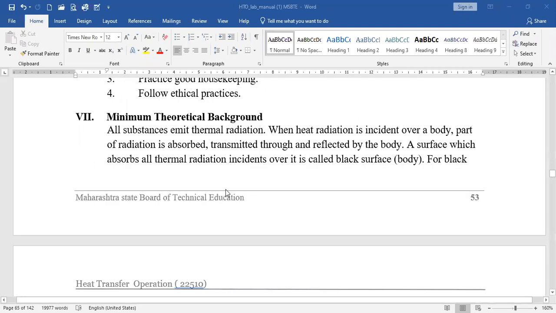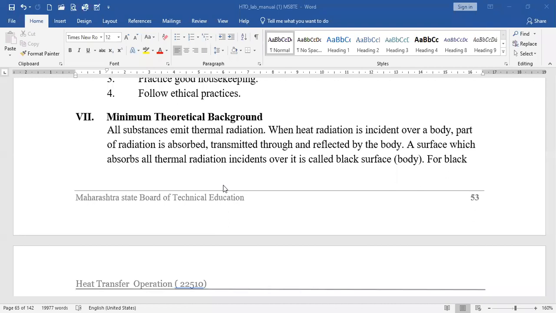Then minimum theoretical background, we have already discussed the Stefan Boltzmann law. Now the radiation concept, where we are applying this Stefan Boltzmann constant. In the radiation concept, we are providing the incident ray on a surface, and some fraction of the incident ray may be absorbed, may be transmitted and may be reflected by the body.